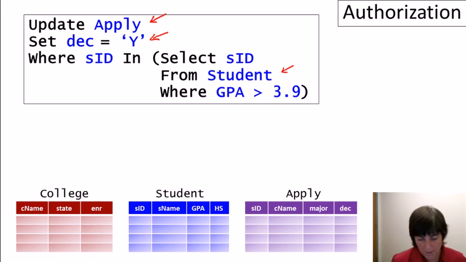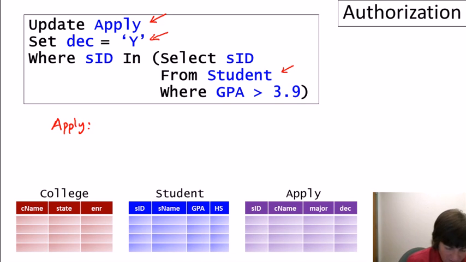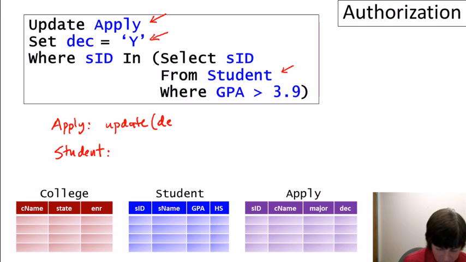So let's look at what privileges would be needed by the user to execute this command. Clearly we're going to have some privileges on the apply relation and some privileges on the student relation. In the apply relation, they're going to need to be able to update the decision attribute, but there's no other update privileges that are needed.